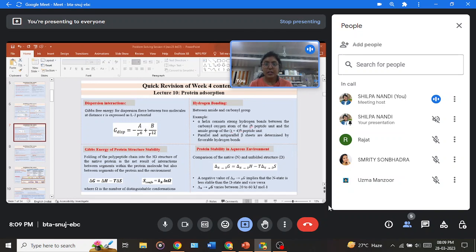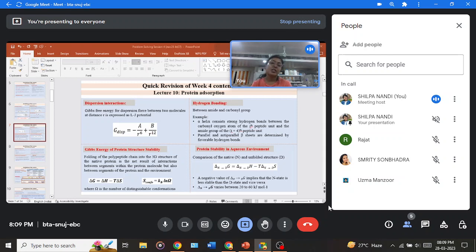So how do we get the protein stability in aqueous environment? We evaluate the delta G, the change in the Gibbs free energy, by comparing the native and the unfolded structure. As you all know, delta G is equal to delta H minus T delta S. We have just written the delta G as delta N to D G, and similarly delta H and delta S are also written.